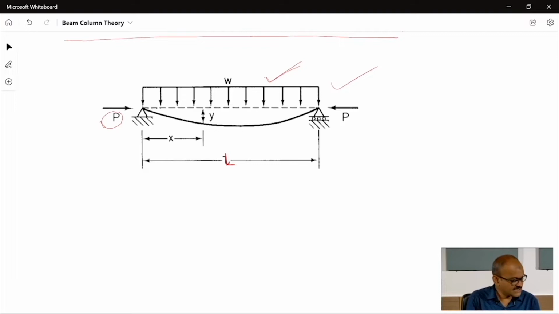In this case, let us take the strain energy stored in the member.